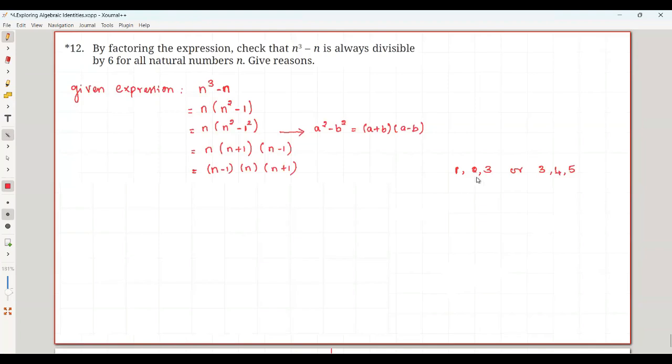Here 2 is divisible by 2, here 3 is divisible by 3. Similarly, in any 3 consecutive numbers, one will be divisible by 2 and another by 3. Therefore, as 2 and 3 divide it, 2 into 3 is 6, so it will be divisible by 6 also. So that's all we can say.